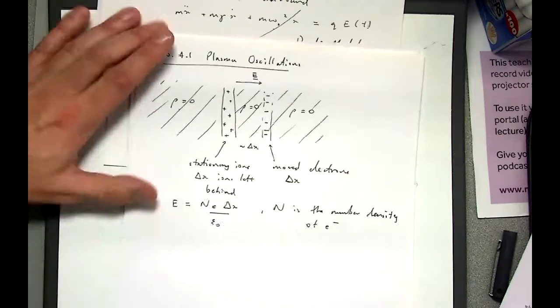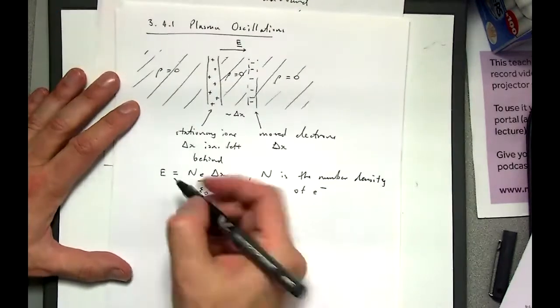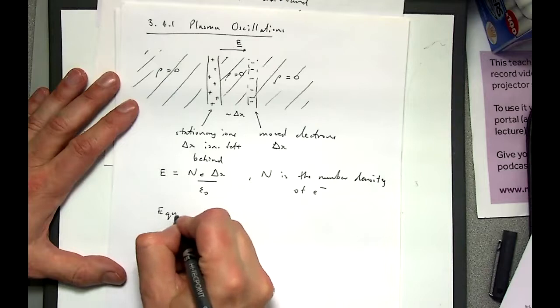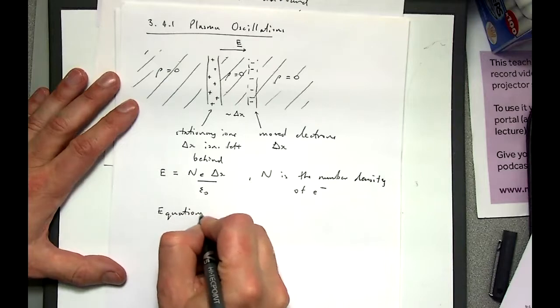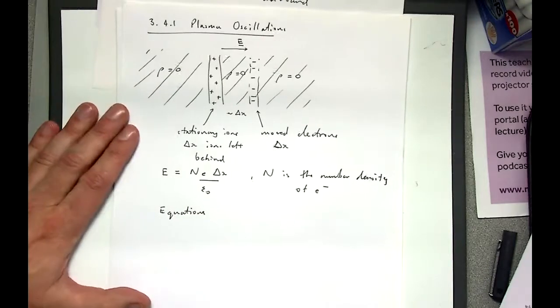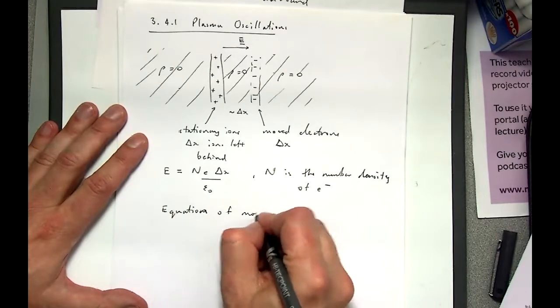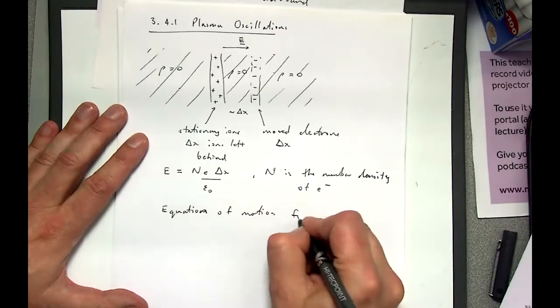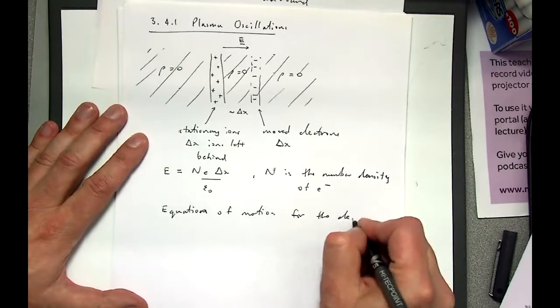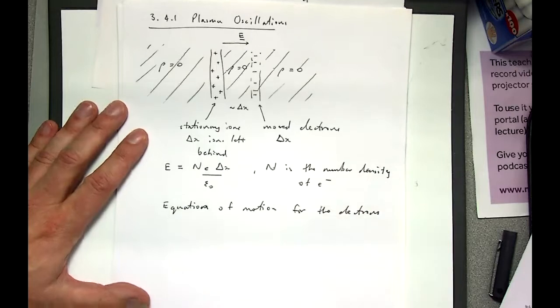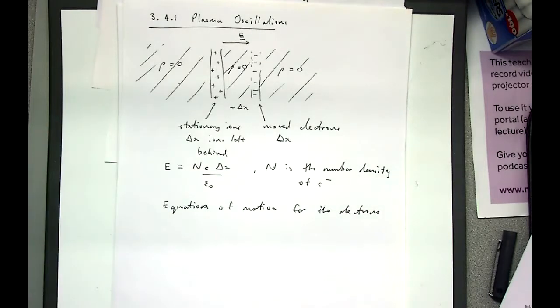So I can write down an equation of motion for the electrons under the action of the positive ions, which remain stationary. Well, they're seeing a restoring force, aren't they? And we're assuming that they're not colliding with the positive ions as they go by, so they'll be accelerated back towards that layer. They will then pass through that layer, and they will just oscillate to the other side.